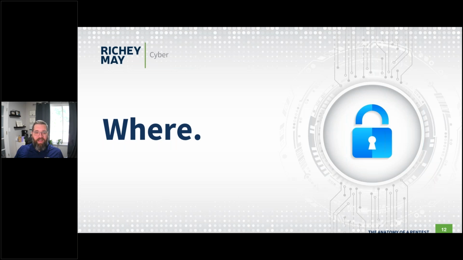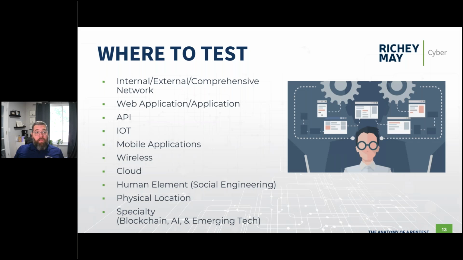So we'll jump into the next section here on the where. Where are we actually doing these tests? When it comes to a different enterprise environment, there's different ways that we perform your penetration test.